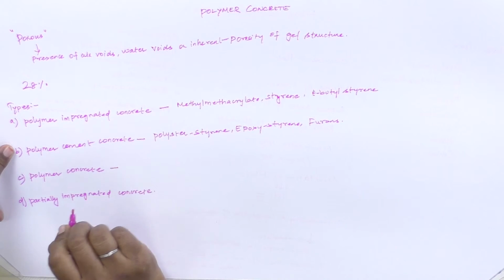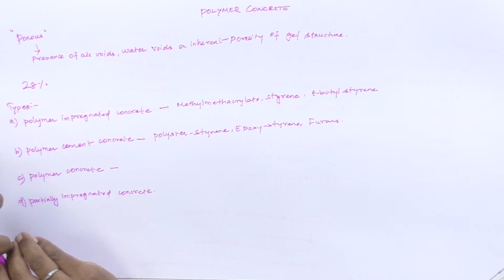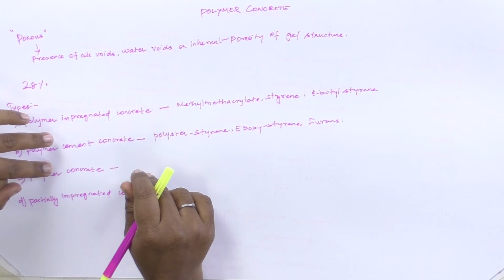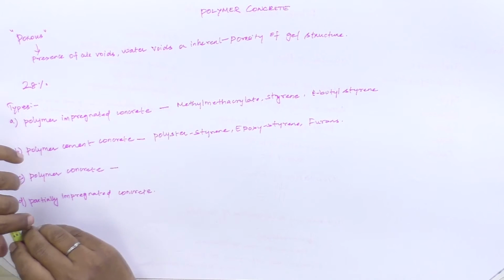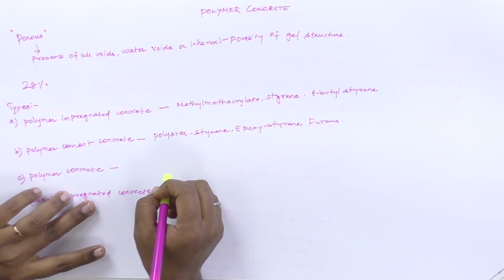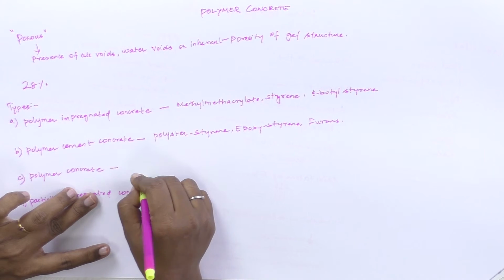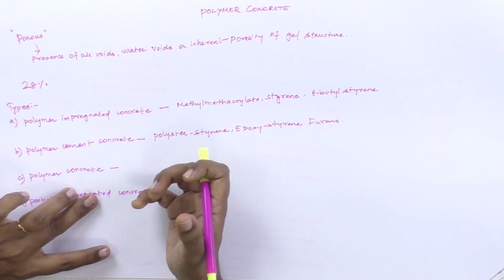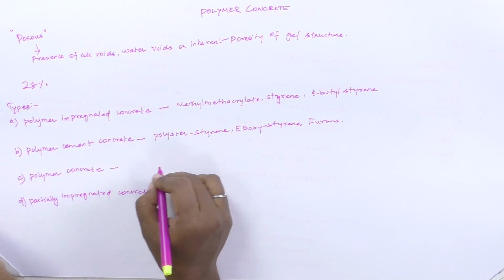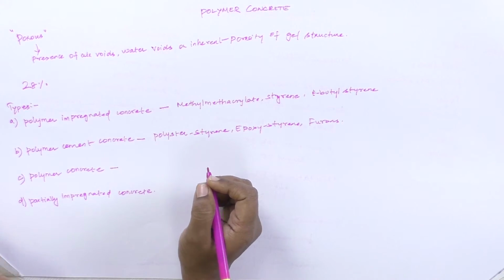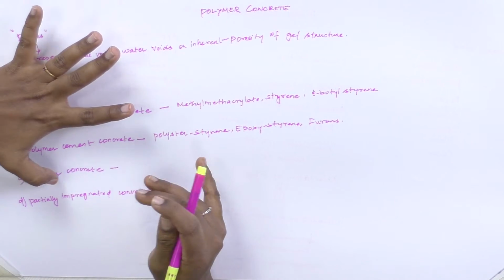Next, polymer concrete. It is a concrete made by aggregate bound with monomer. This polymer concrete is made by binding the aggregate with polymer instead of Portland cement as in the conventional mix. Here our main aim is to reduce the voids.